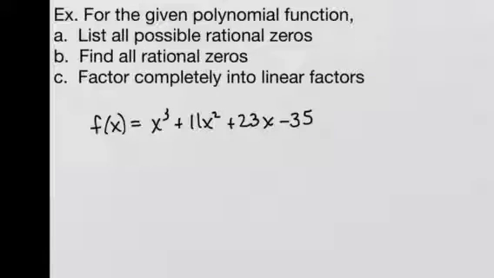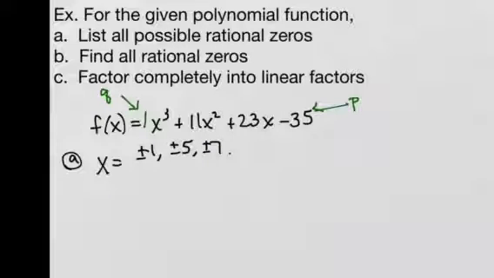This question also asks for us to list all possible rational zeros, find all rational zeros, and then factor completely into linear factors. So to find the list of all possible rational zeros from part A, we'll look at the factors of P divided by the factors of Q. The factors of P are going to be plus or minus 1, plus or minus 5, plus or minus 7, plus or minus 35, divided by the factors of Q, which are plus or minus 1.